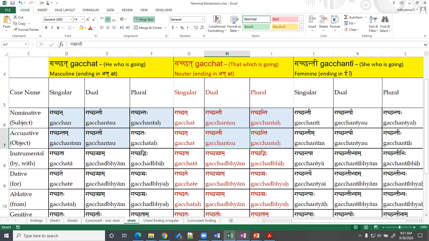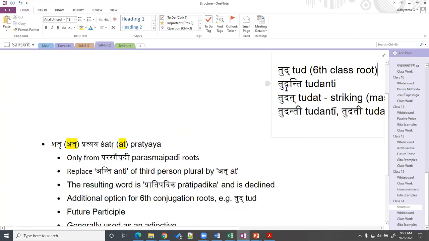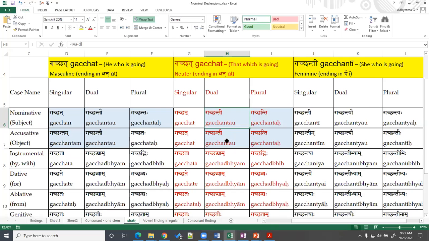When we have the optional form for feminine, this also will take the optional form. So for tudat, the neuter dual will also have two forms, tudati or tudanti. So just like we have an optional form for the feminine stem, we also have the same option available for the neuter dual, only for the sixth class roots.